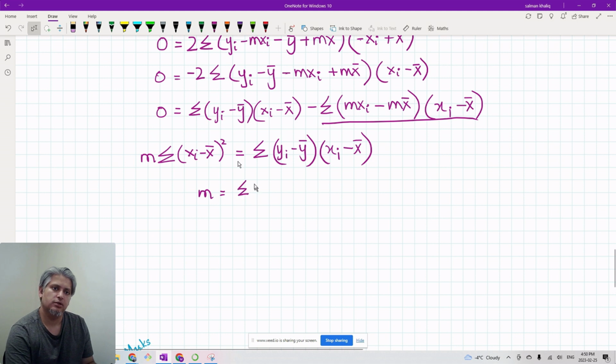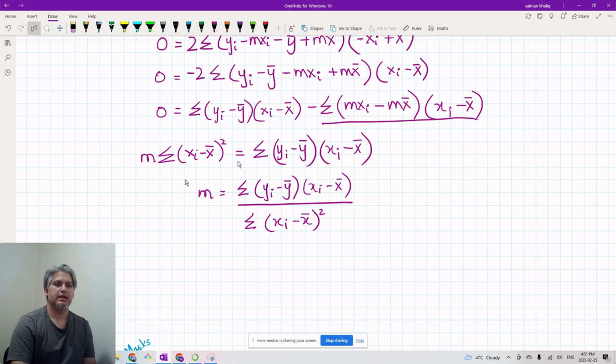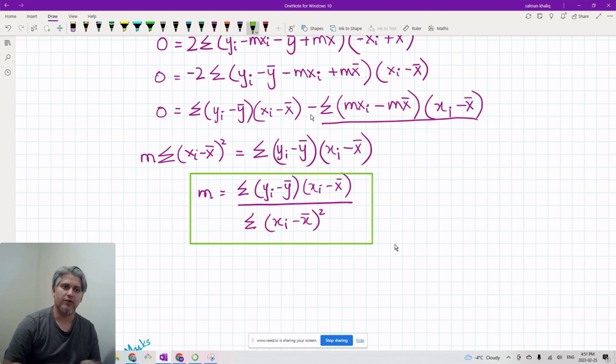So summation of yi minus y bar times xi minus x bar divided by summation xi minus x bar whole square. And this is the equation we were looking for from the start. We just derived this equation from scratch.